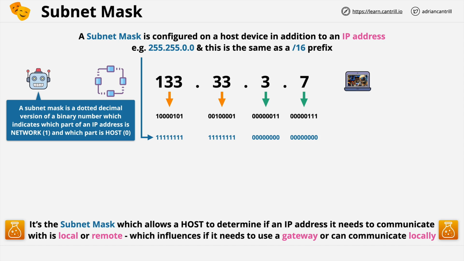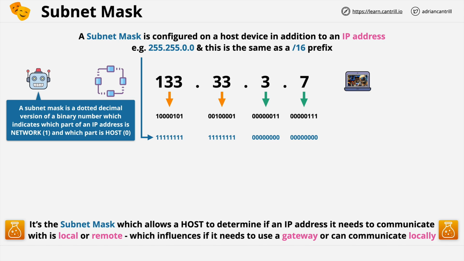So if you overlay a subnet mask and an IP address, both of them in binary, it becomes really easy to tell which part is which. Something else which is really cool is that for a given network, you can calculate the start and end IP addresses of that network.